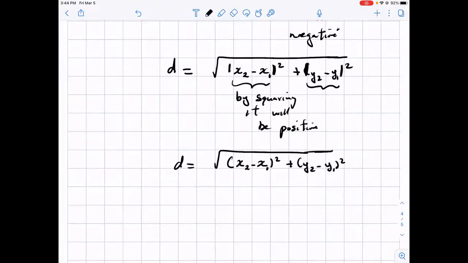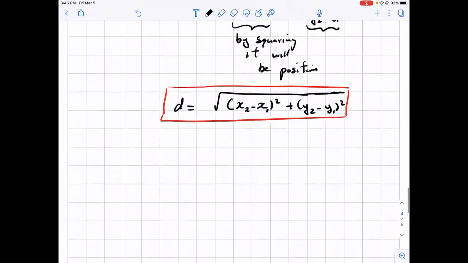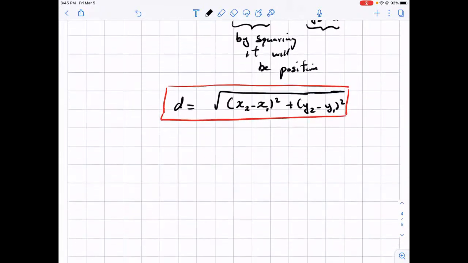And this here is how we justify or prove the Pythagorean theorem: we obtain the distance formula. So we can always use the distance formula to find the distance between 2 points.